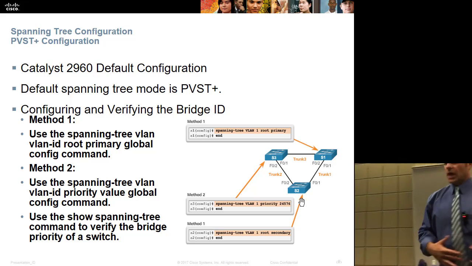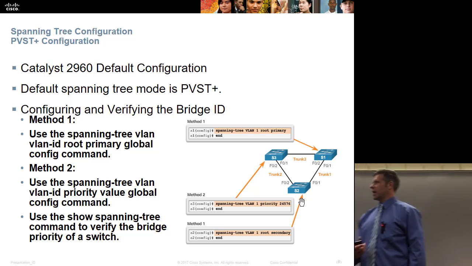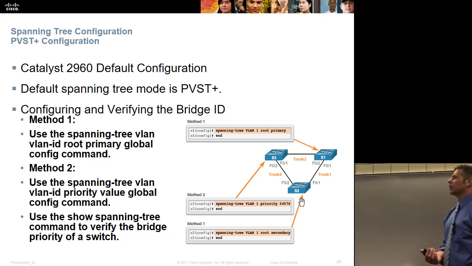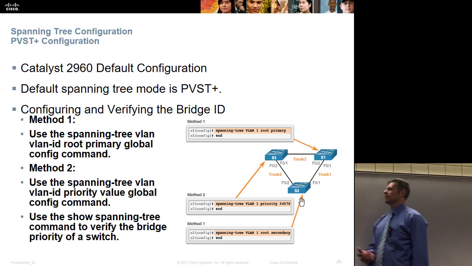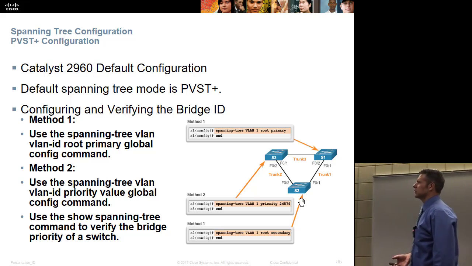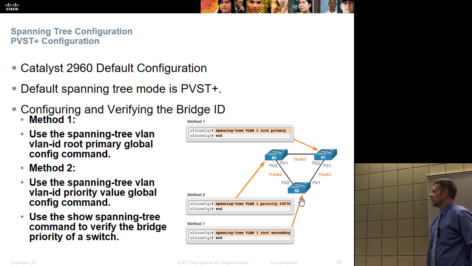So, on a Catalyst 2960, which you may have some experience with, you can go in and configure your spanning tree bridge ID by just setting it. Spanning tree for VLAN 1, root primary.